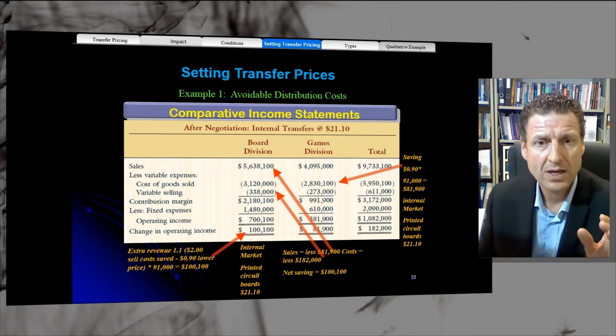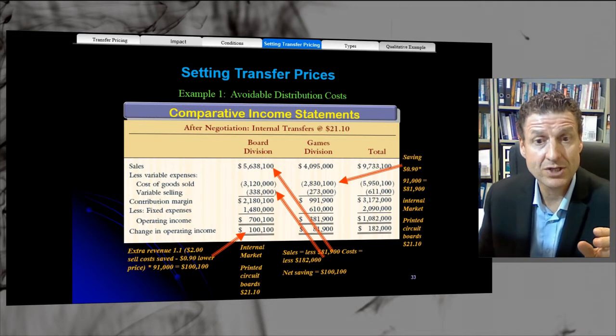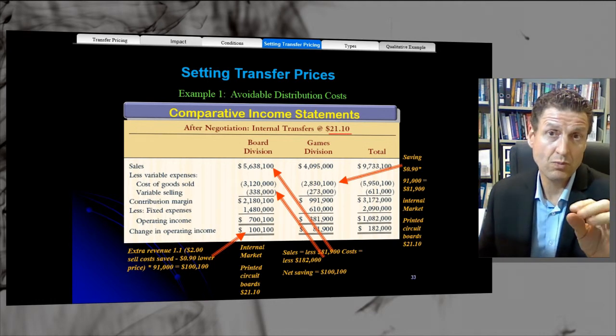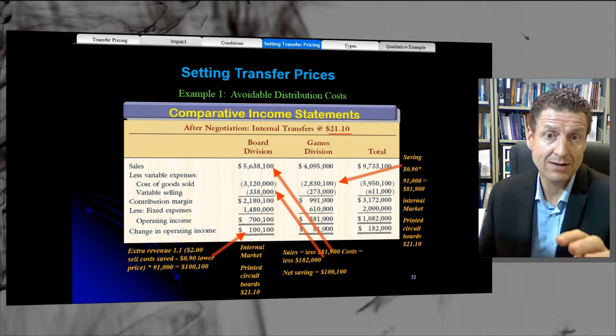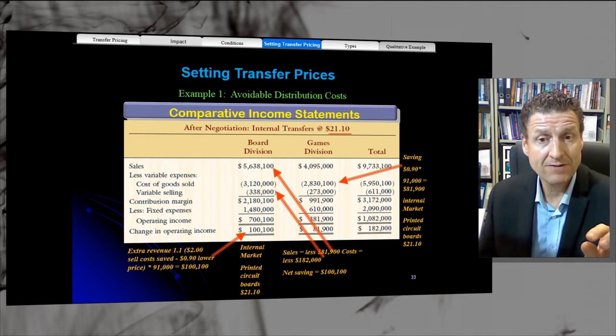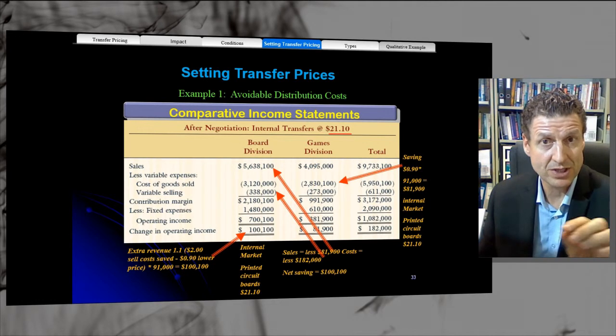Now, what if board division decides we're going to sell these units at $21.10? So you can see that we're making the assumption now that board division does not have excess capacity. Okay, so the maximum board division can sell it to games division for is $22.